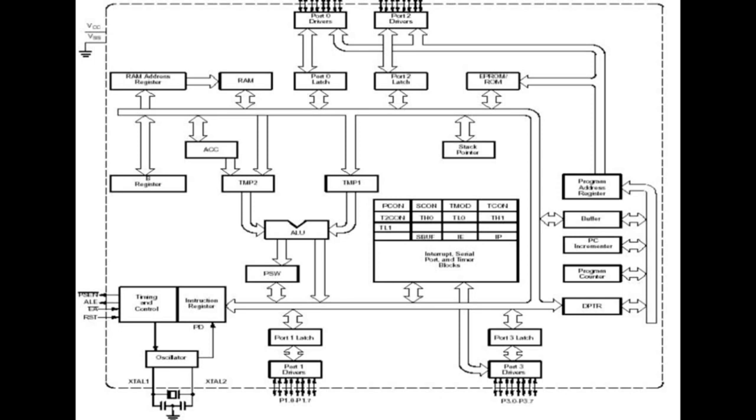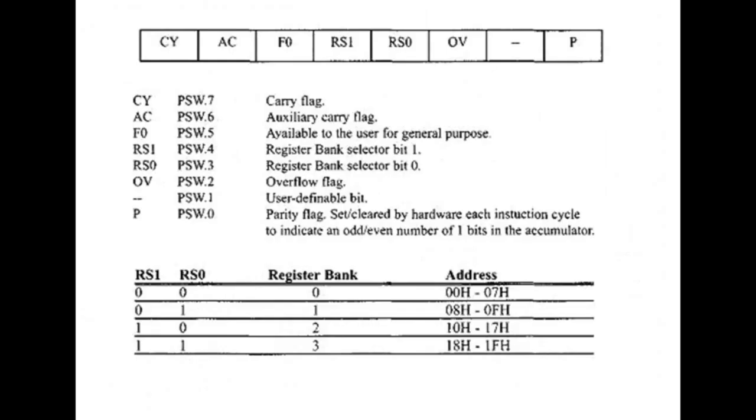It is an 8-bit register consisting of the parity flag, overflow flag, RS0, RS1, F0, AC and CY. Here we are reading this from the right. Previously we have written bits 0, 1, 2, 3, 4, 5, 6, 7, that is 8 bits. In this flag as well we deal with bits 0 to 7.